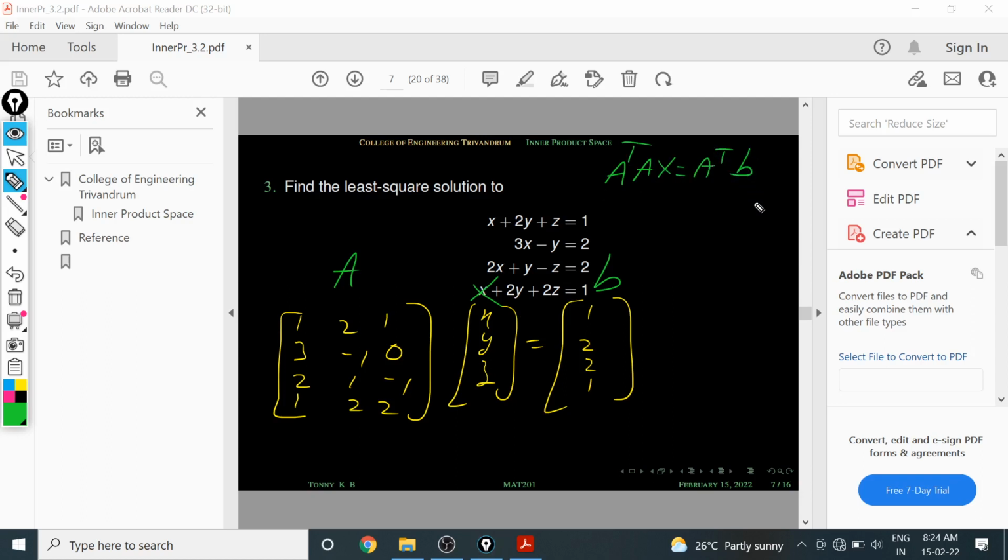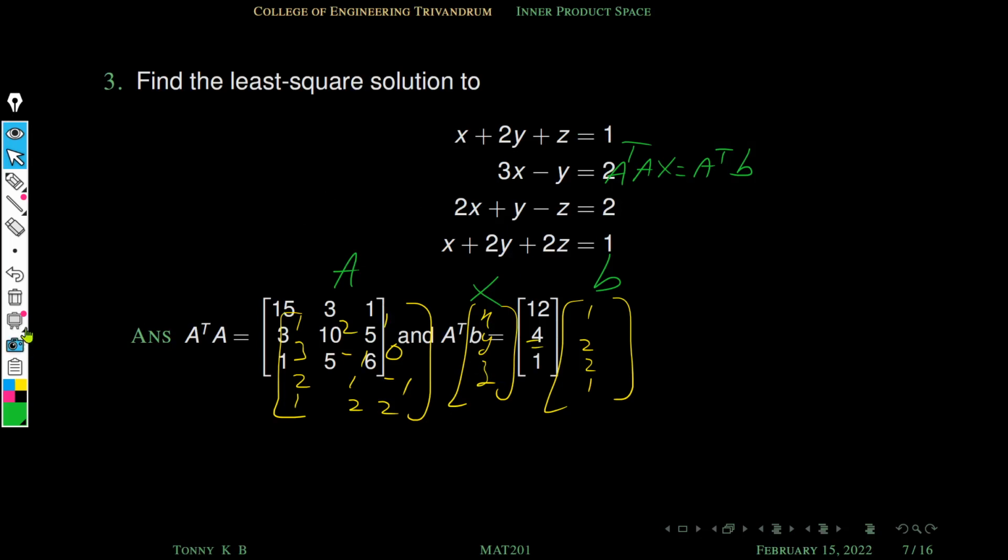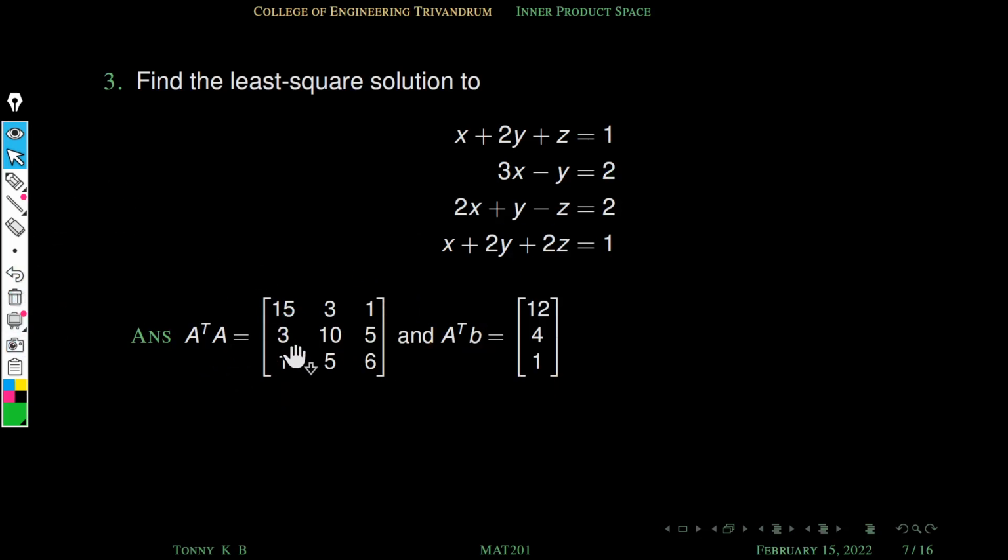Now A is there. We can find A transpose A and A transpose B. This is our A transpose A and A transpose B. Now you have a system like this: A transpose A X is equal to A transpose B. This is consistent.